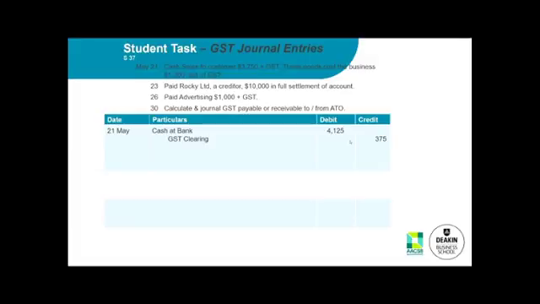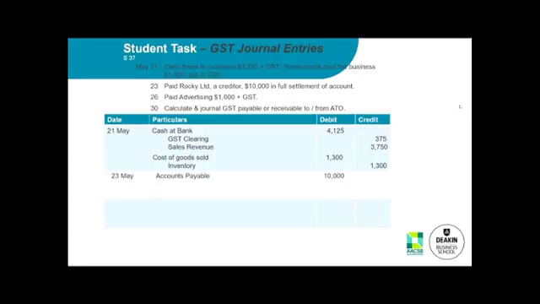So the amount of GST was 375 and our sales revenue was 3,750. The cost of the goods we're told was 1,300, and we credit our inventory with the same.